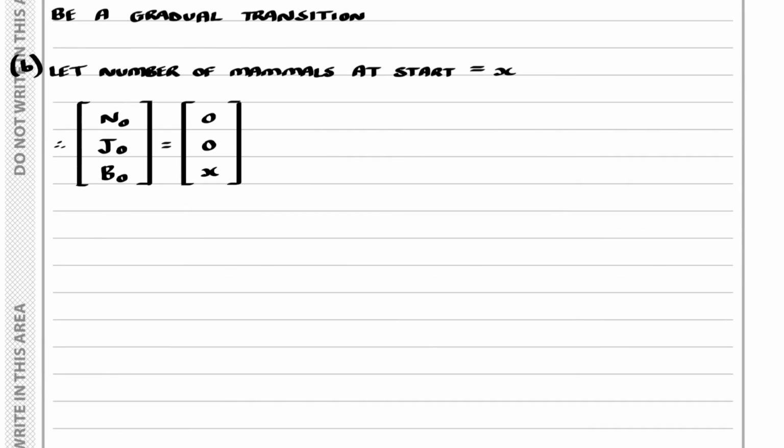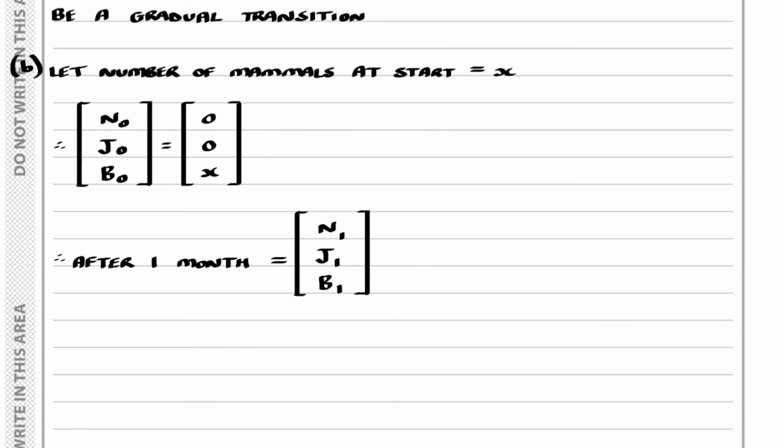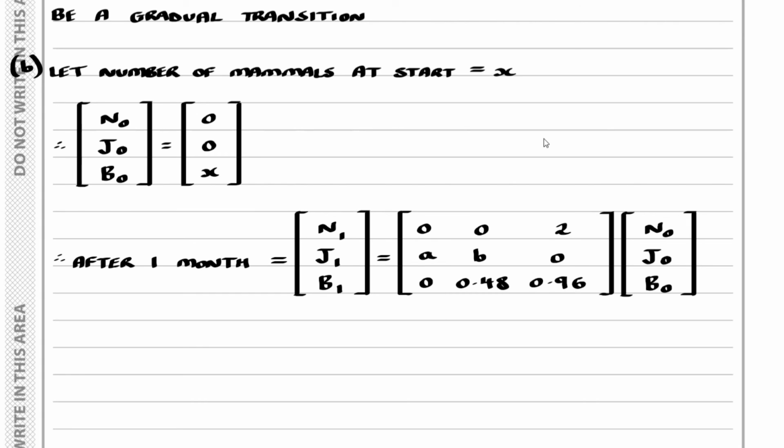If we work with this, we can now find out what we have after 1 month. In other words, we are finding n1, j1 and b1. We need to use this matrix equation: n1, j1, b1 equals the matrix [[0, 0, 2], [a, b, 0], [0, 0.48, 0.96]] multiplied by n0, j0 and b0.